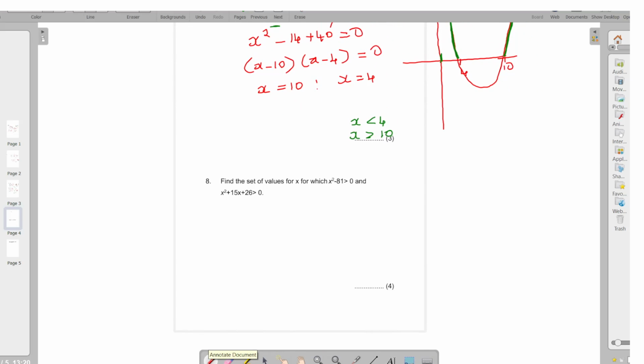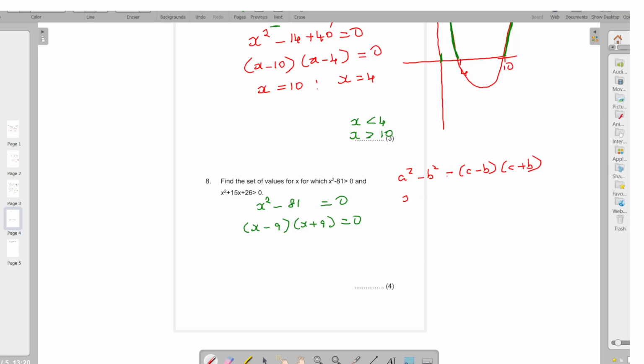we're going to do x squared minus 81. We could say x squared minus 81 equals 0. We could write this as x minus 9 times x plus 9. We are bringing in something that we learned before, which is a squared minus b squared can be written as a minus b times a plus b.